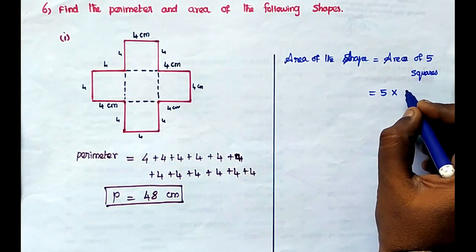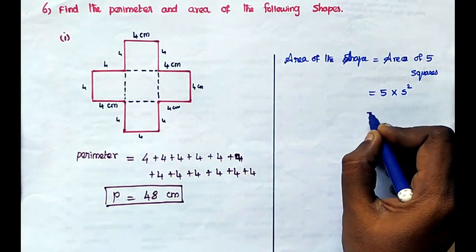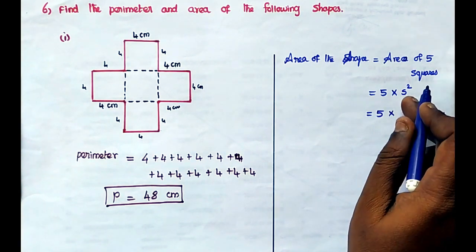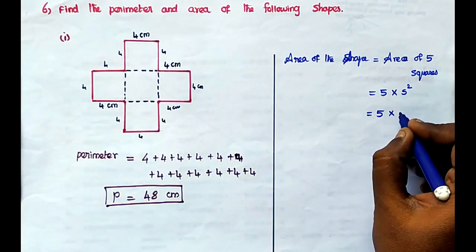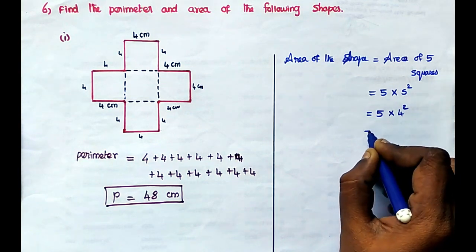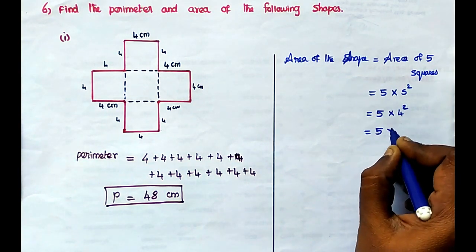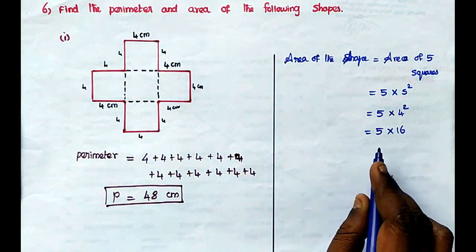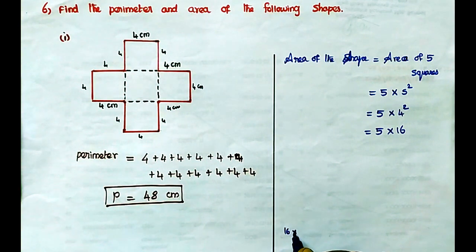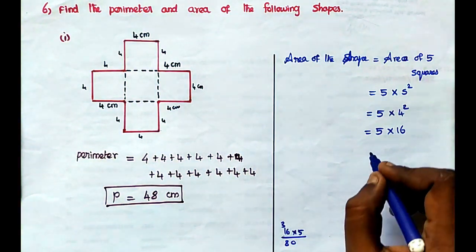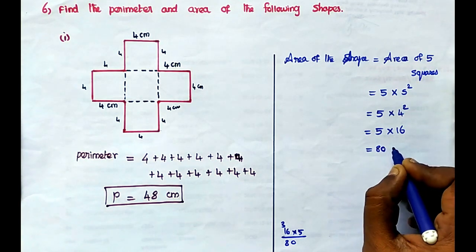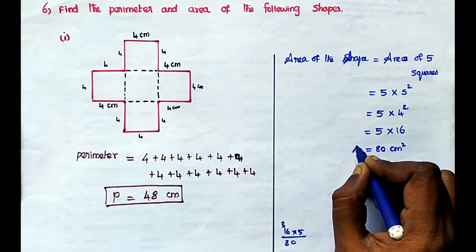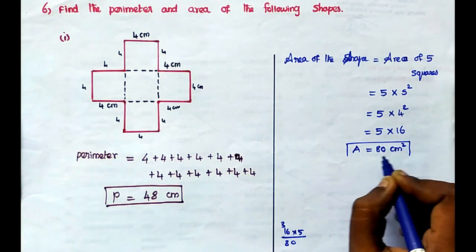That is S square. So 5 into, what is S here? 4 centimeter. So 4 square, that is 5 into 16. Now 16 5s are 6 5s are 30, 1 5 is 5, 80. So 80 centimeter square, that is the area of this shape.